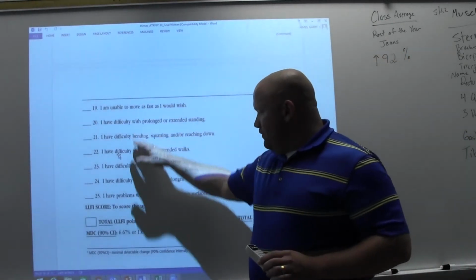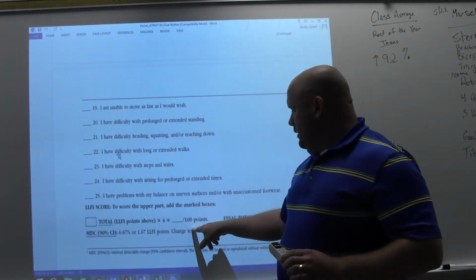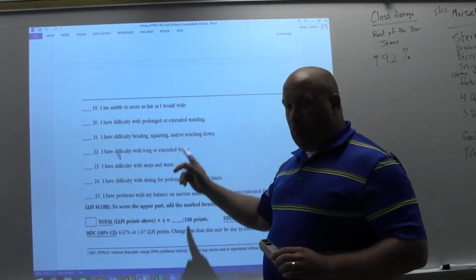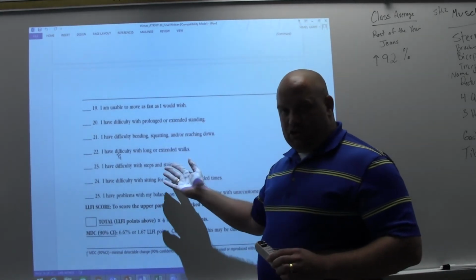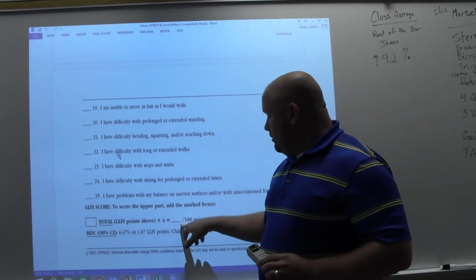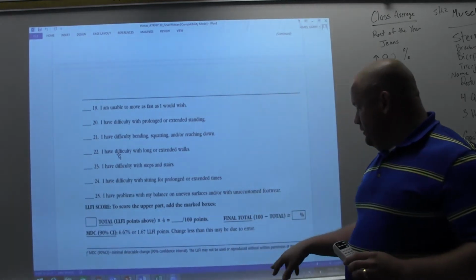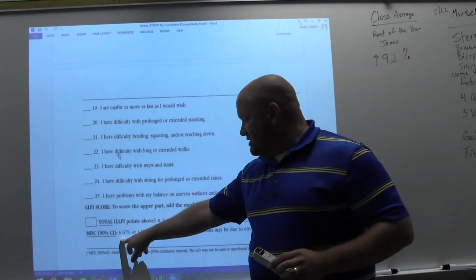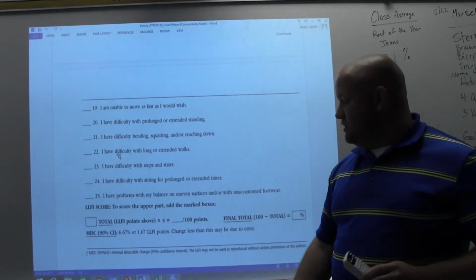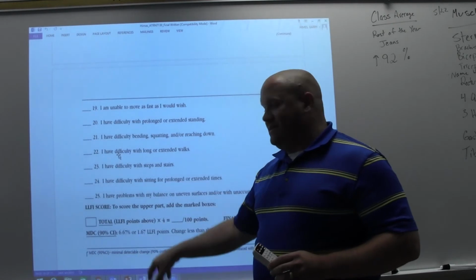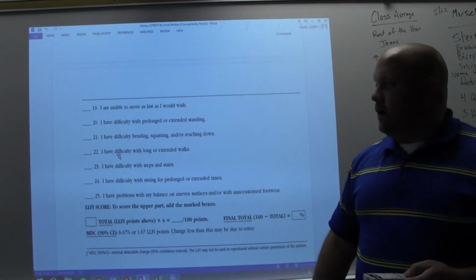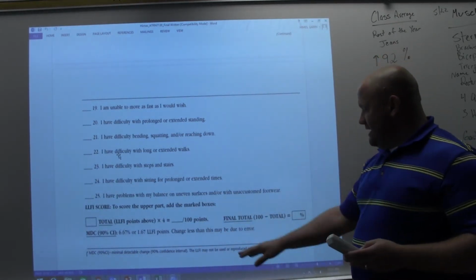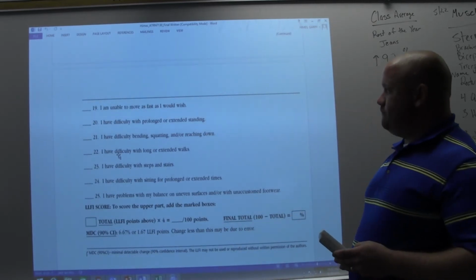So you can see all these are totaled up: if you check it, it's a 1; don't check it, it's a 0; check it and put a half, it's a half. Multiply that by 4, and it's out of 100. That percentage is how we determine what the 6.67% of difference is, or it actually equates to 1.67 points. Anything less than that may be due to error.